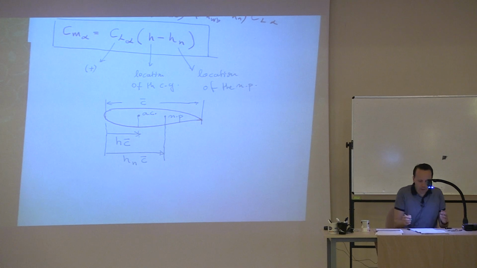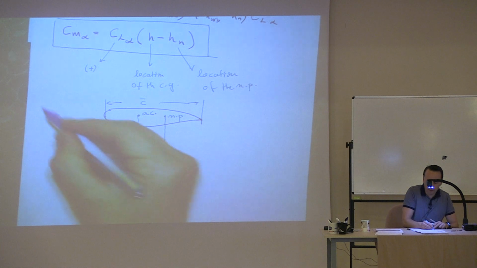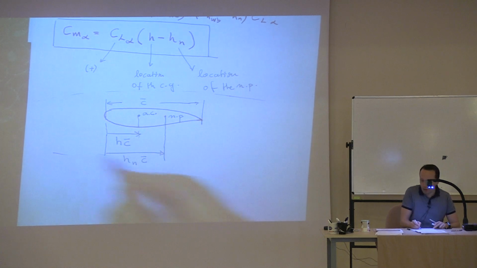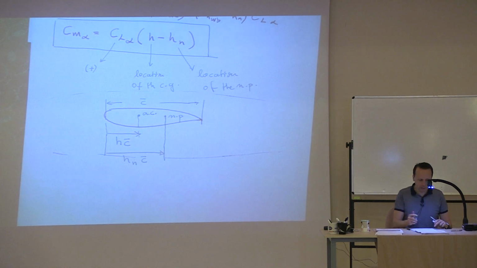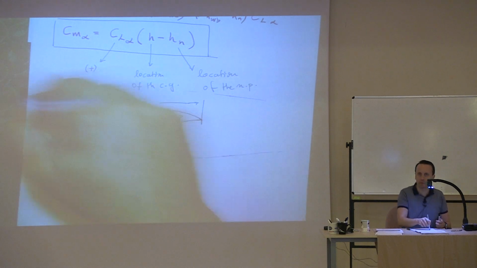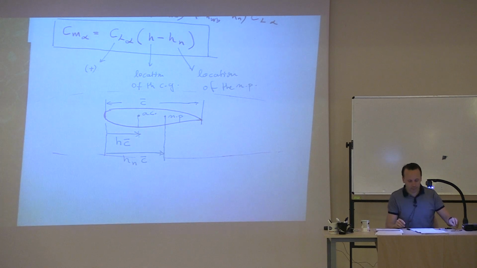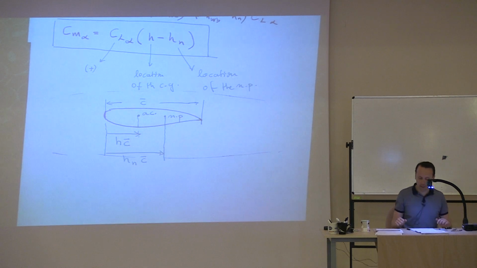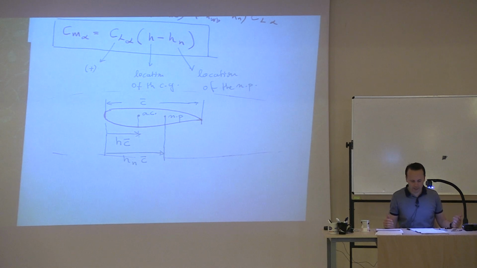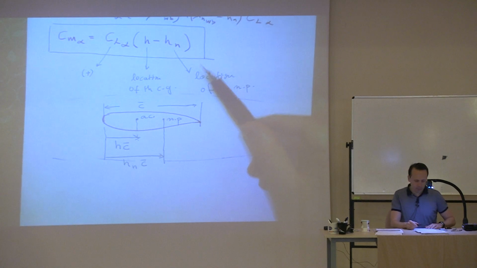Okay, and this is for a wing, but let's say there's an airplane around it. It doesn't matter, right? We can say there's an airplane around this. That's okay. It's still with respect to this point, or it could be any other reference point. In this case, we took the leading edge of the wing, but it's fine. We can take it anywhere. We could have taken the nose. It doesn't matter.